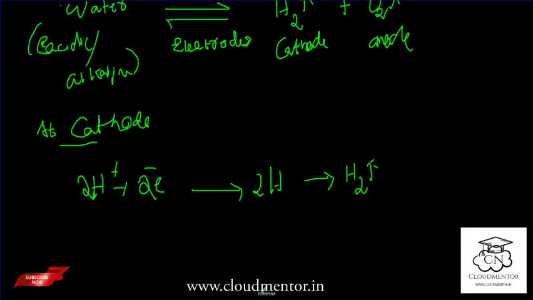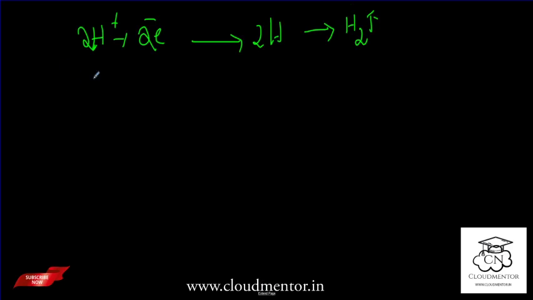Okay, and at the anode, hydroxyl ions are discharged to give O2 gas, as shown here. I will show you. That is 2OH minus.